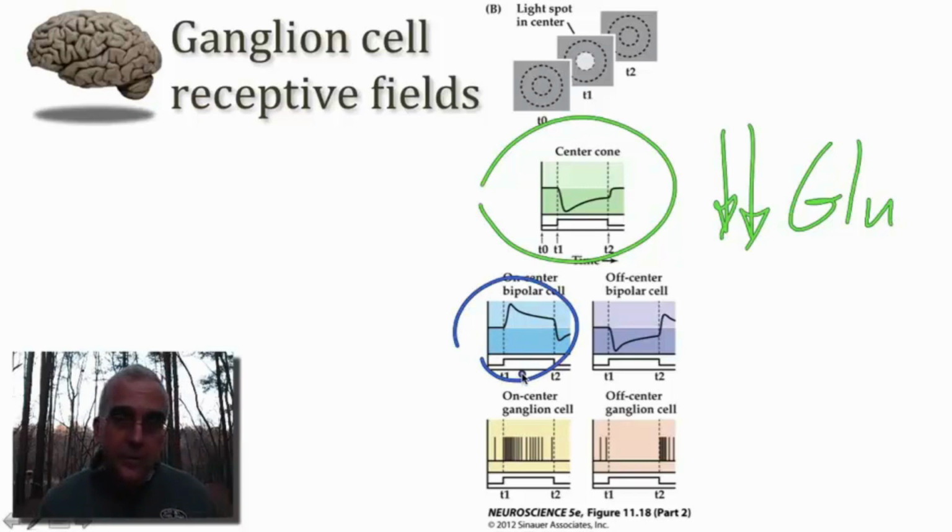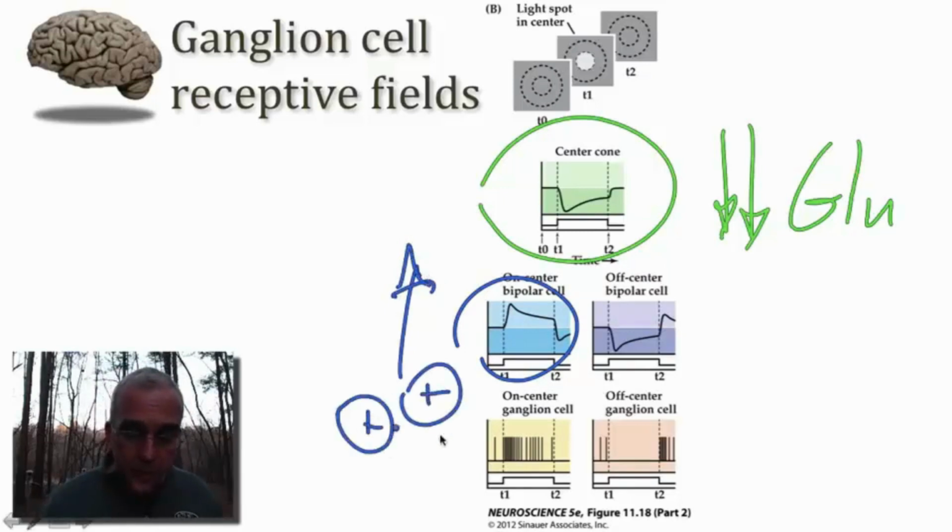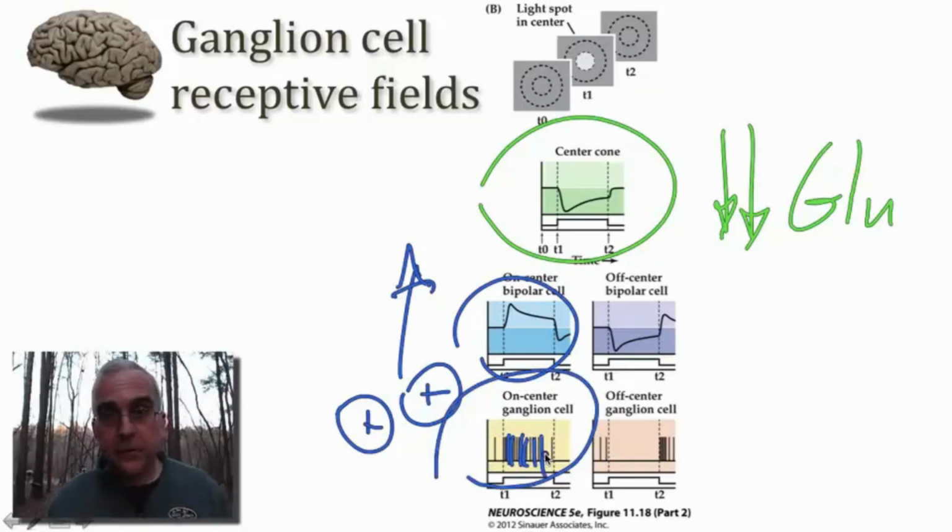Remember, the metabotropic receptor mediates hyperpolarization, so if you withdraw the transmitter that's interacting with that receptor, then this cell is going to depolarize. It will depolarize, it will release its neurotransmitter, which leads to the activation of this on-center ganglion cell. And that cell now responds to the illumination of the center of its receptive field.